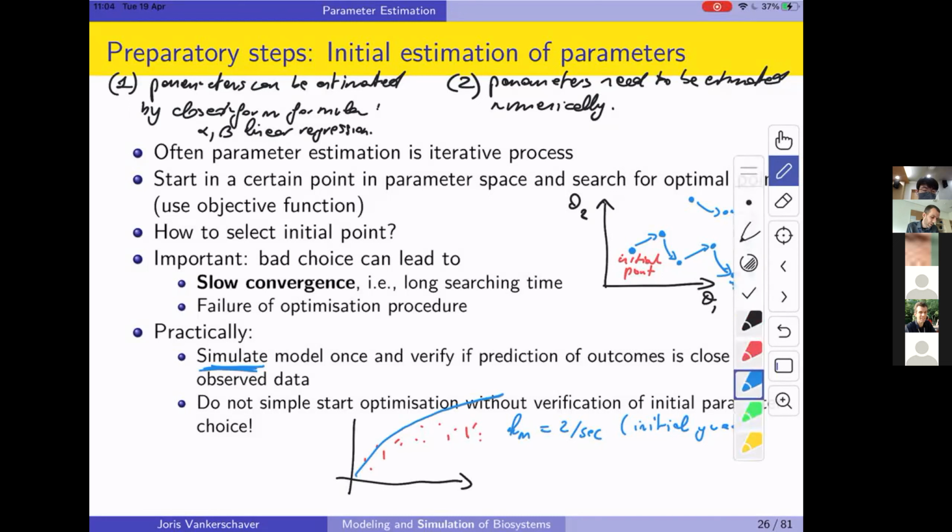But if you say, okay, I'm going to plug in 10,000 per second, and now you get something that looks like this. So it goes up vertically and then flattens out. This is probably not such a good initial guess.